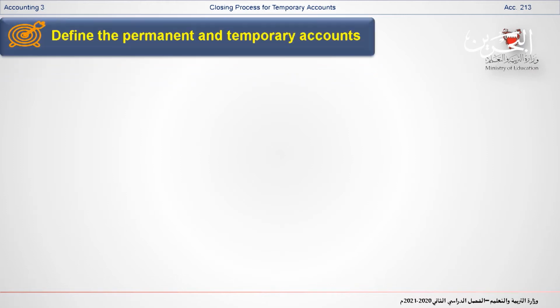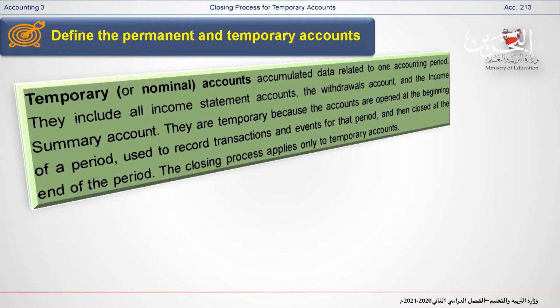To start with, first we have to know the difference between temporary and permanent accounts. Temporary accounts, which are also called nominal accounts, are company accounts whose balances are not carried over from one accounting period to another, but are closed or transferred to permanent accounts at the end of an accounting period.